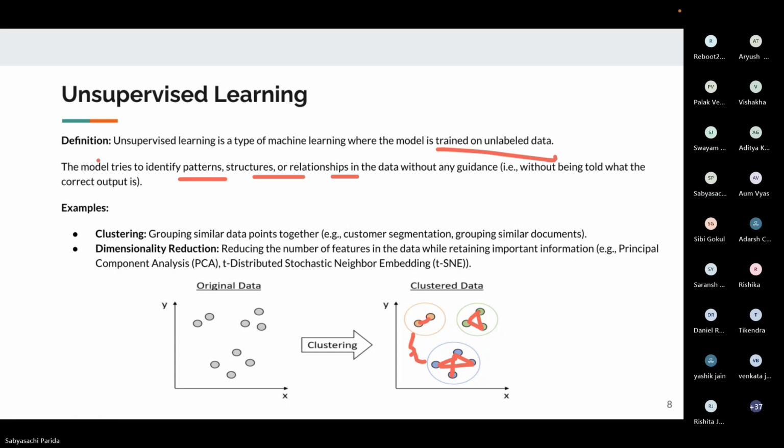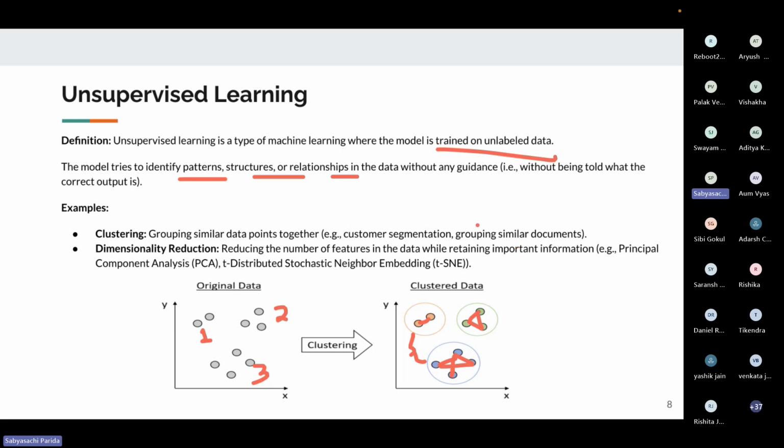Okay, so this is unsupervised learning, and in this we are not providing explicit labels that this belongs to class 1, this belongs to class 2, or this belongs to class 3. On its own, it tries to identify the pattern and build that particular model so that on unseen data, it can also build this kind of clustering on its own.